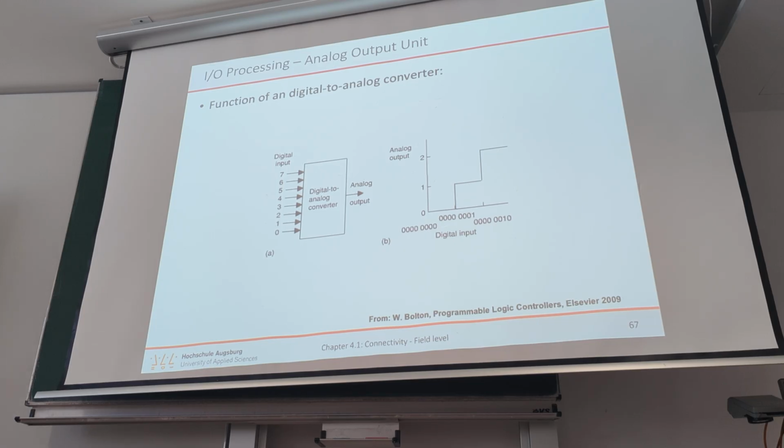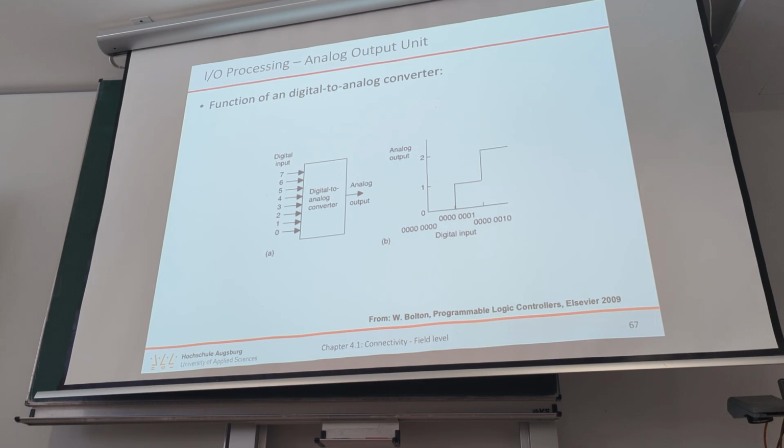So you have a base frequency and then a percentage of that frequency being on and the rest being off. And if you just send a pulse width modulated signal through a low pass filter, then you basically get an analog value.